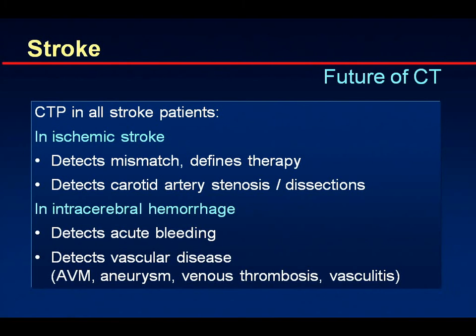Ischemic stroke we discussed, but also in intracerebral hemorrhage, it can be quite helpful because it detects acute bleedings and is immediately able to detect all vascular disease that you might find: AVM, aneurysms, venous thrombosis, and vasculitis. So it's a true one-stop approach to stroke imaging, and I strongly believe that this will be the future. Thank you for your attention.